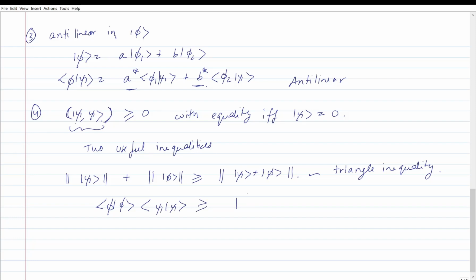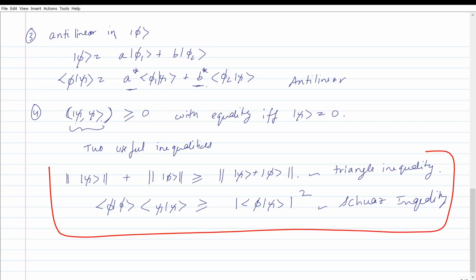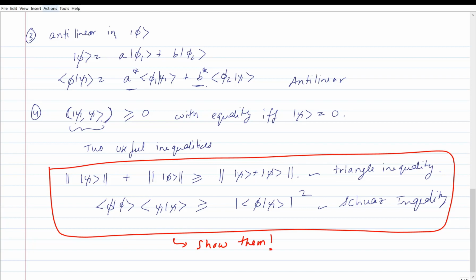Just some useful things. So maybe as an exercise, please show them. So for every vector space, one can define an orthonormal basis.